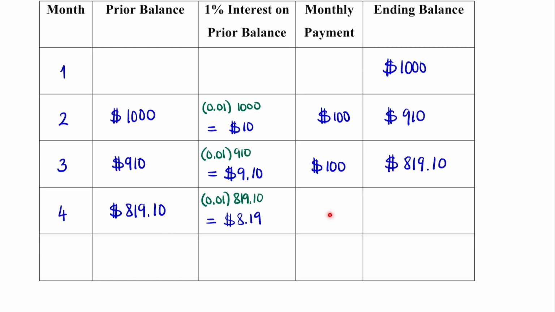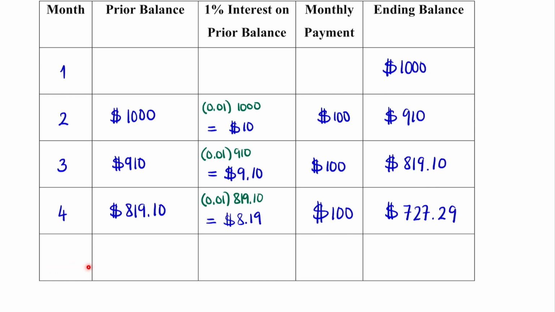And at the end of the fourth month, I'll make a payment of $100. My ending balance will be 819.10 plus 8.19 minus 100, and that is 727.29.